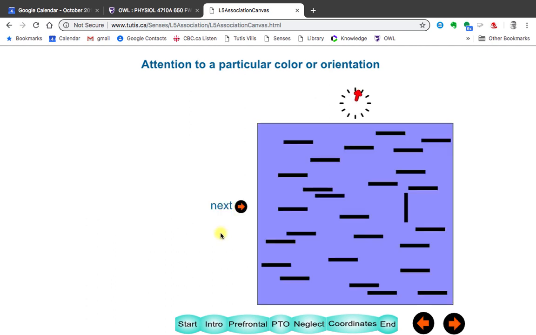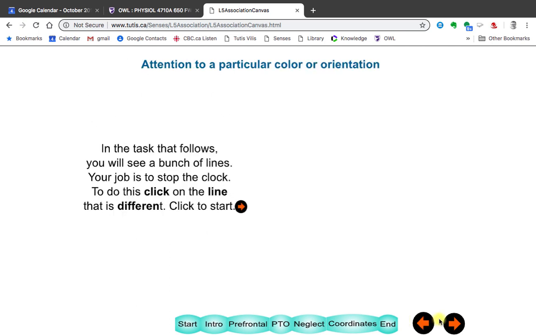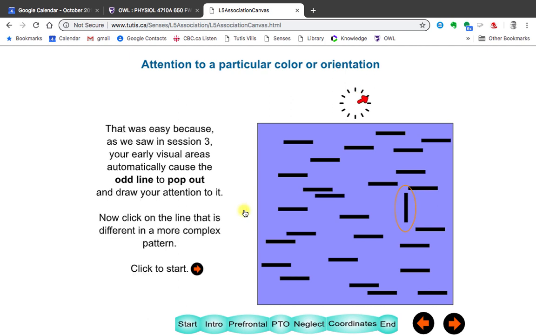Another task. Can you see what's different here? Can you spot the difference? Well, of course, it's this line here, right? Can you spot the difference? There you go.